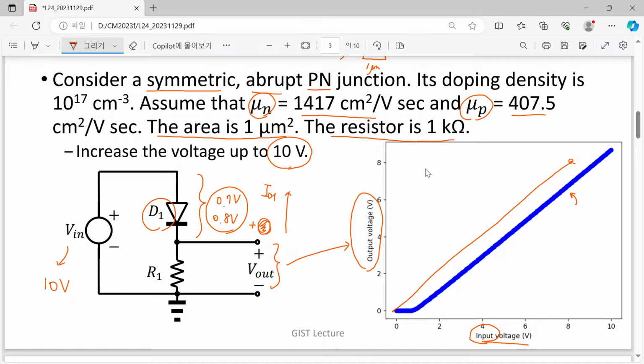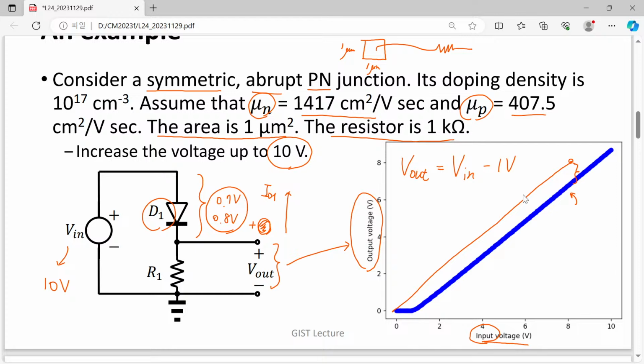So simply speaking, your output voltage just follows the input voltage, but not exactly. There is a certain offset, and this offset value is approximately 1 volt. So you can just copy your input voltage to the output node with some cost for operating this rectifier circuit.